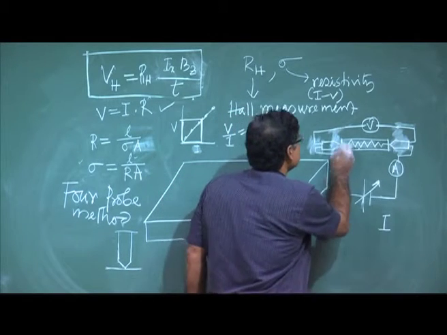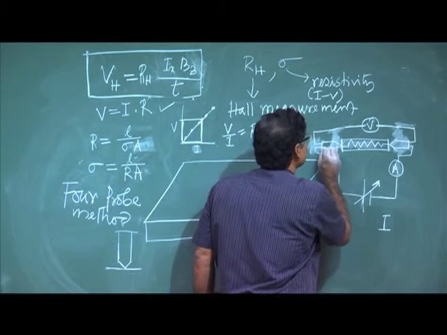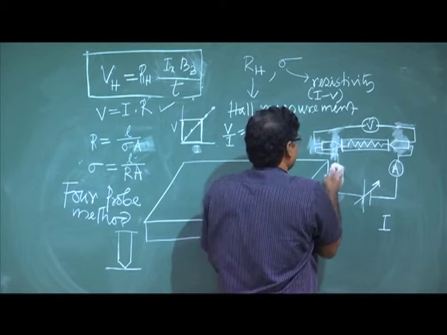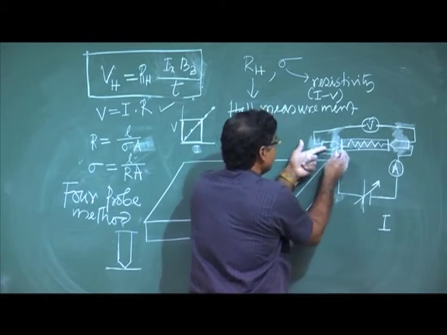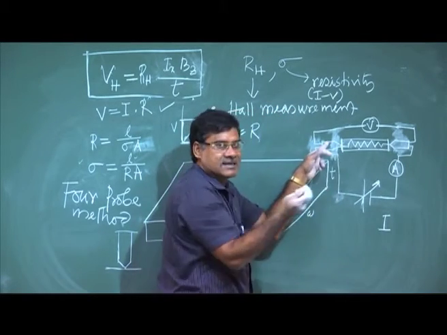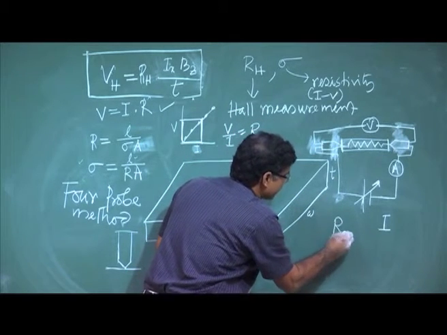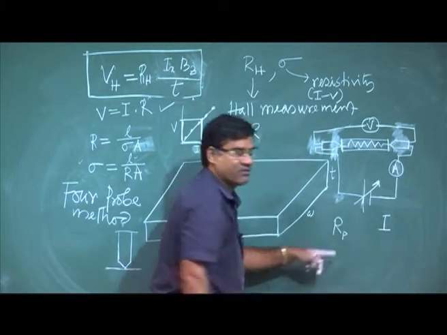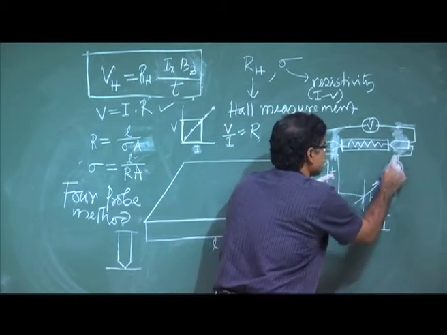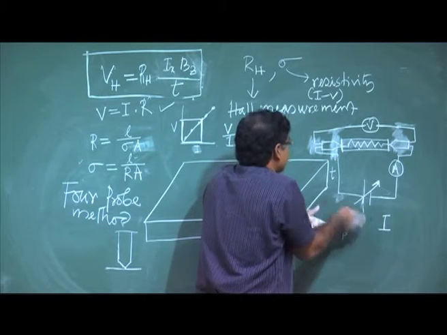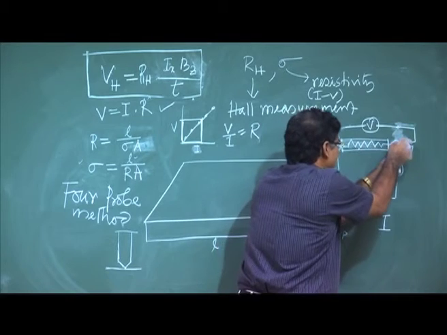Here you see the current is flowing through this, so there will be a small resistance of your probe. If it is RP, the probe resistance, the current flows this way, and that resistance is RP, and that resistance is also RP.